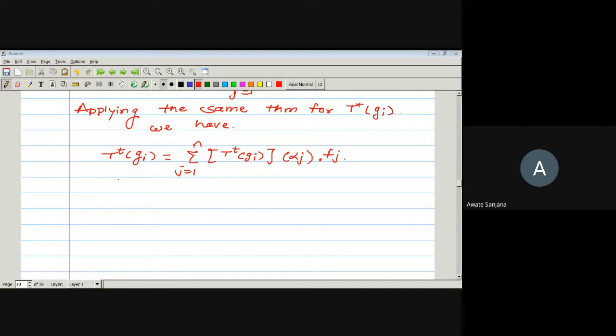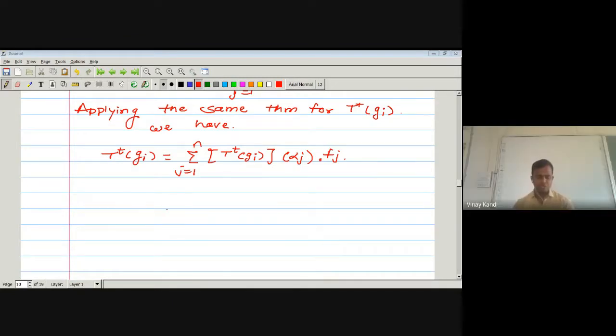Now we have to find the value of this one, T transpose of Gi of alpha j. First we find the value of this linear functional, T transpose of Gi of alpha j. Give it as equation number 4.